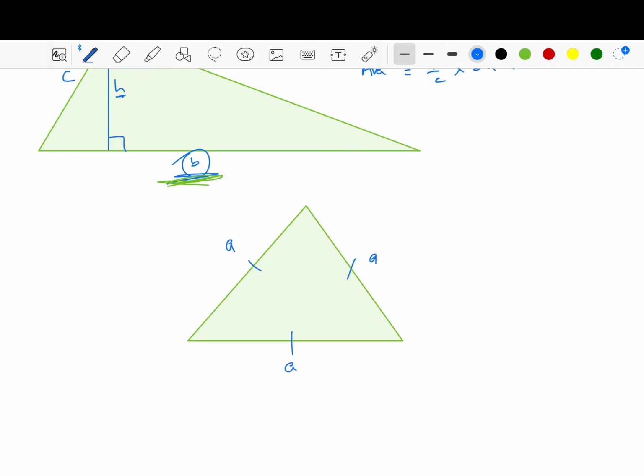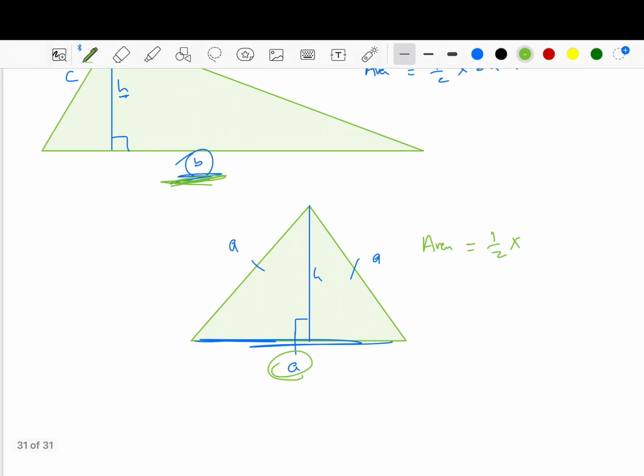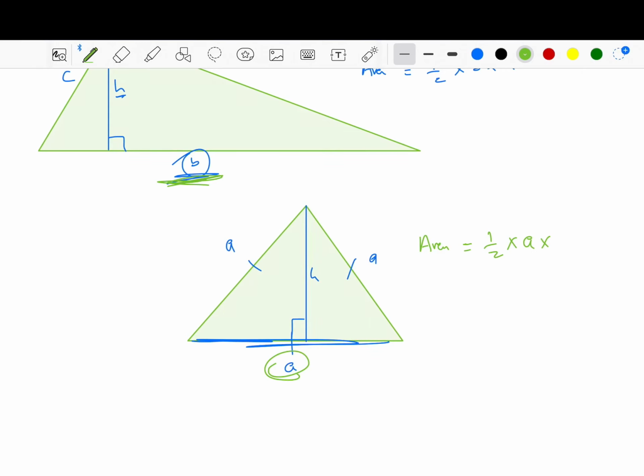So if you take this side as your base, you then draw your perpendicular line and call it H. Then the area of this triangle will be half times base, A, times our height, which is H. And that's your answer.